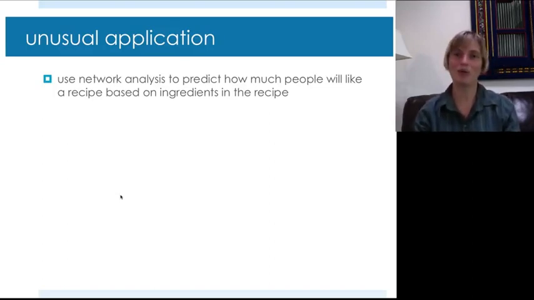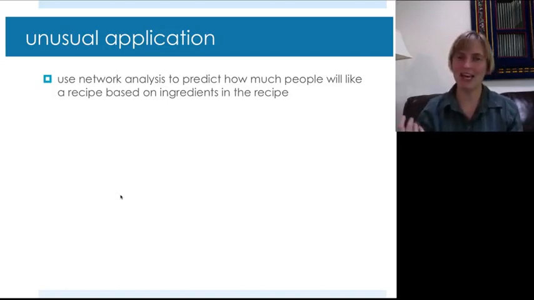I had approached this as someone who's not a very good cook at all. And I thought, well, I've solved so many other problems in life using data. Maybe I can solve my cooking problem by doing a bit of data analysis. And the cooking problem is basically this. If you have an expert cook, they can eyeball a recipe and just tell, okay, this is going to be good or this isn't.